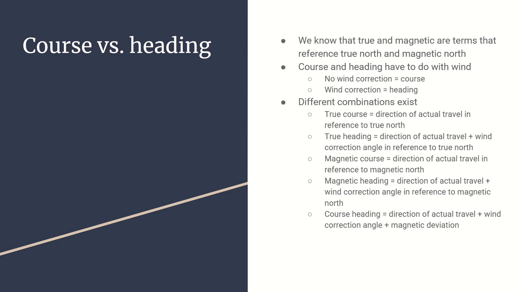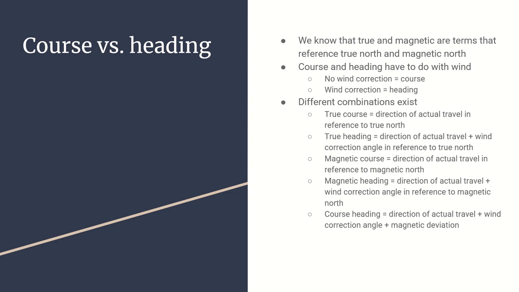So you have the wind correction in there. And then the thing that makes it different is the magnetic deviation, which we'll talk about in a little bit. That's essentially the interference of the electronic, magnetic and metal components of the aircraft. It causes your magnetic compass to not exactly show an accurate reading sometimes. Okay, so course heading is the very last thing we end up with.